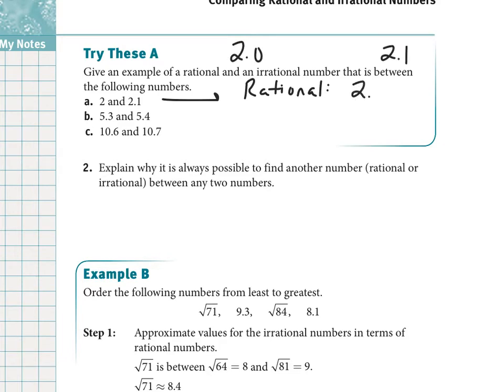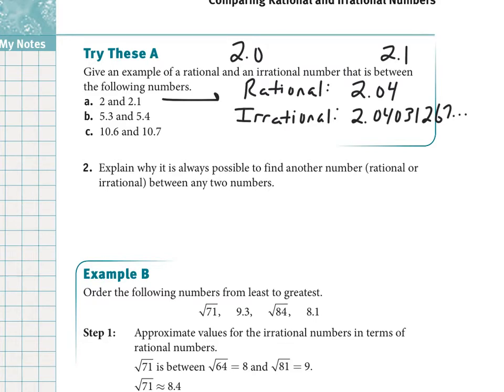So we could go 2.04, or 2.0 anything, as long as it terminates, it's going to be rational. And then for an irrational, we just have to make sure that after the 0.4, there's no pattern, just a bunch of never-ending decimals.